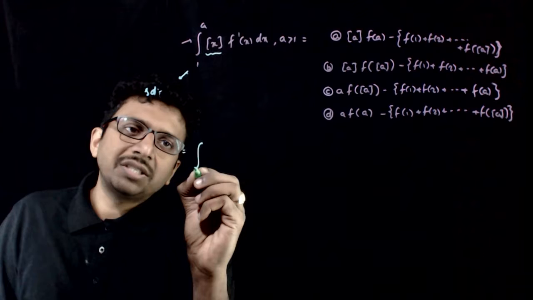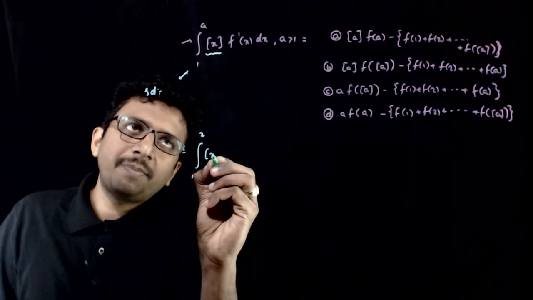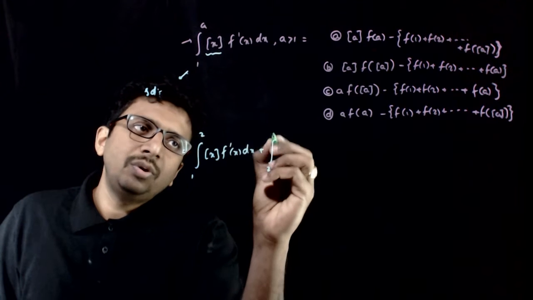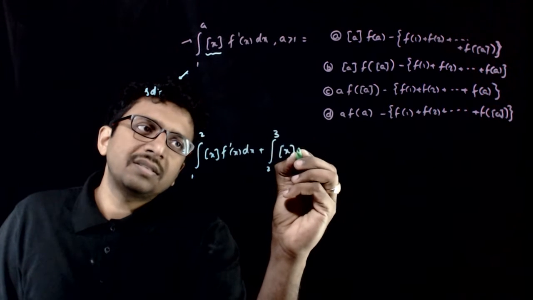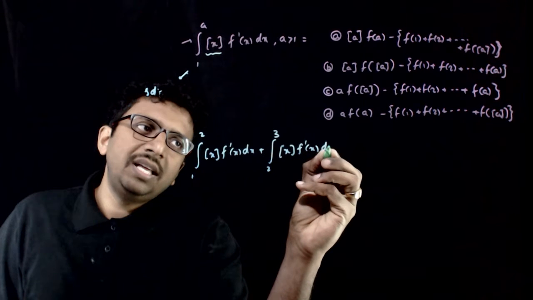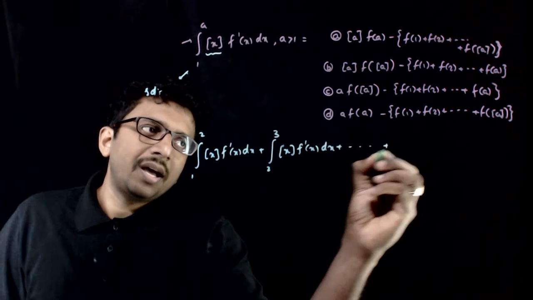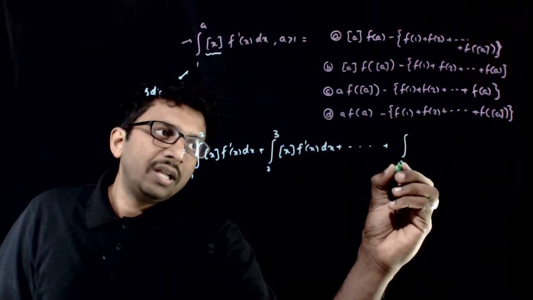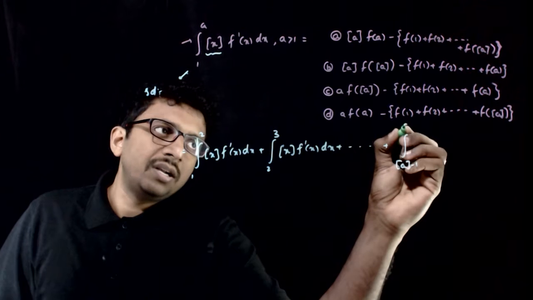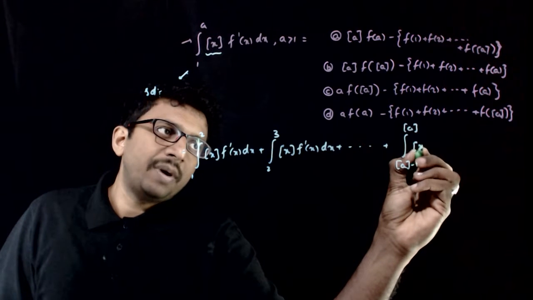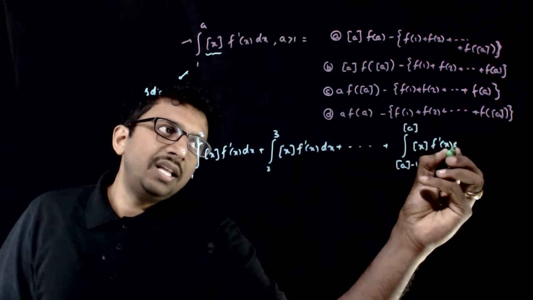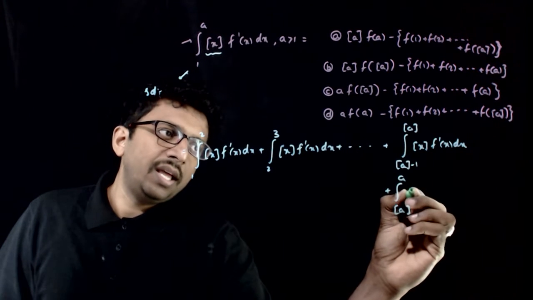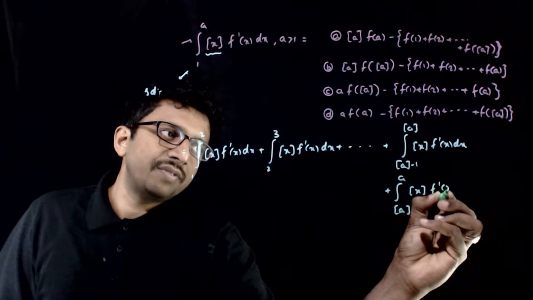So this is equal to integration from 1 to 2, integer part of x into f dash of x dx, plus integration from 2 to 3, integer part of x into f dash of x dx, plus so on up to integer part of a minus 1 to integer part of a, integer part of x, f dash of x dx, plus finally integer part of a to a, integer part of x into f dash of x dx.